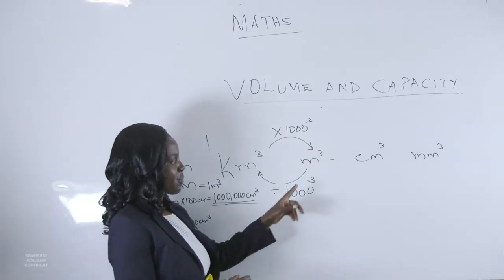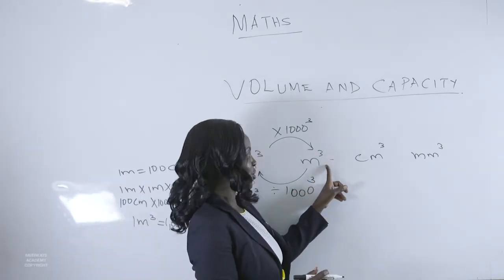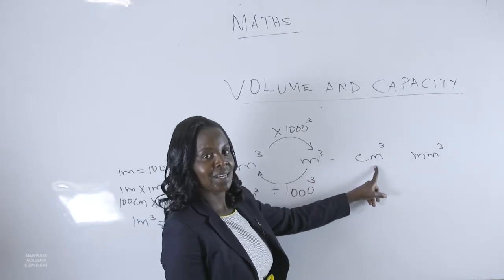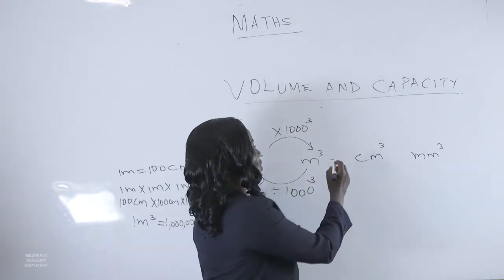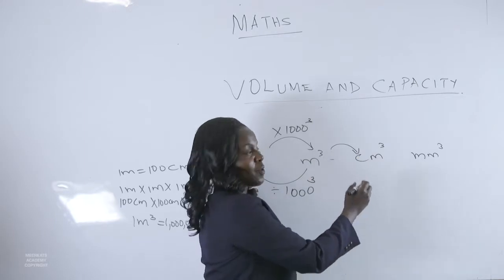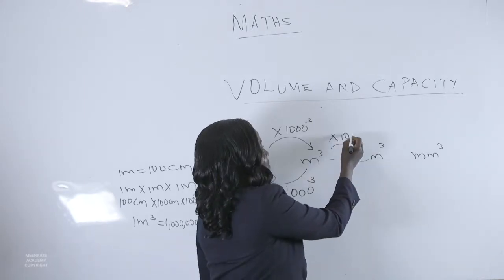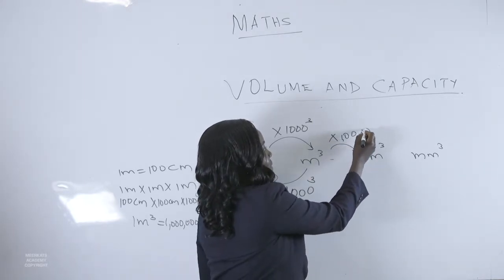So if you are changing from cubic meters to cubic centimeters, you multiply by 1 million.